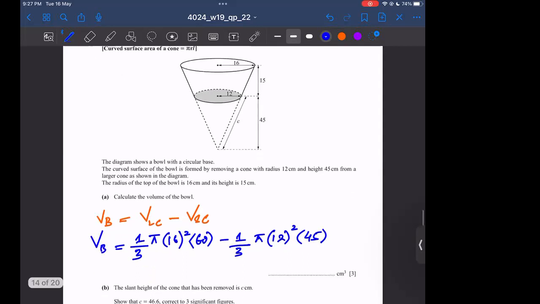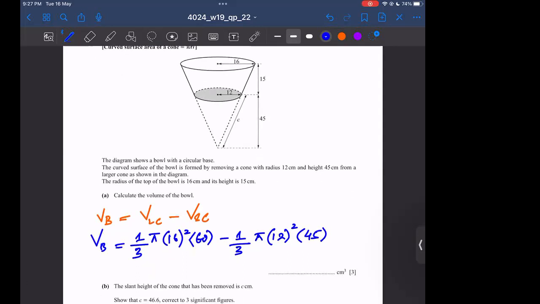Now I'm going to subtract these values to get the answer. You can also take 1/3 pi common to make it more easy, but let's just do it in this way. 1/3 pi into 16 square times 60, minus 12 square into 40. 2960 pi.